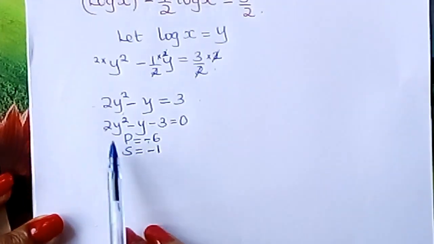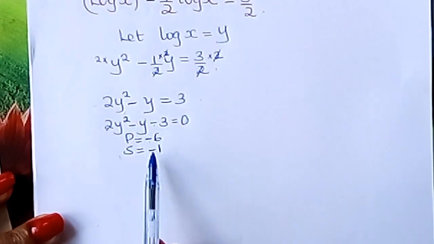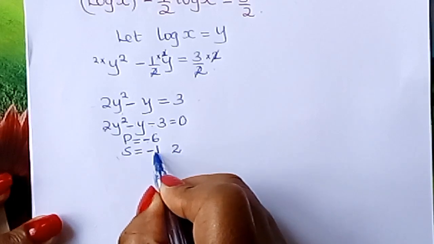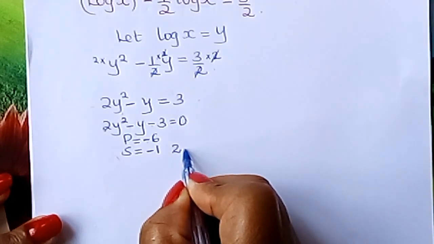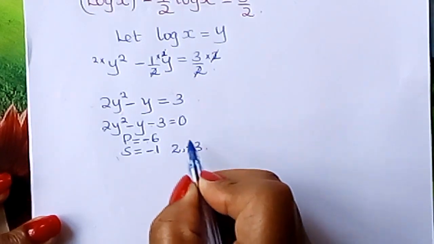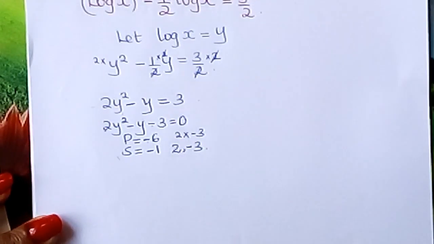So which are these two numbers that add to give negative 1? The numbers are 2 and negative 3, and if you multiply them, you get negative 6.